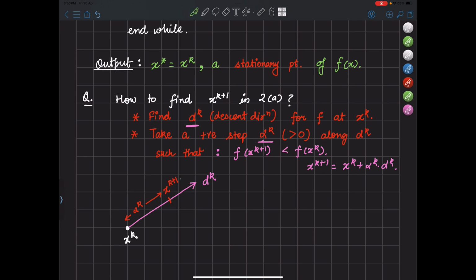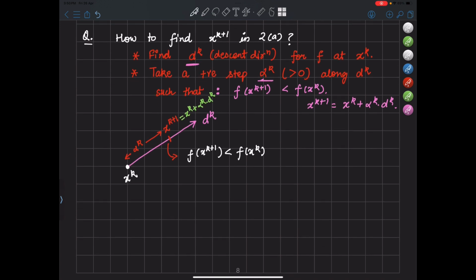This is equal to xk plus alpha k dk, right? And at this point f of xk plus 1 should be less than f of xk. That's how we get the new iteration point xk plus 1.